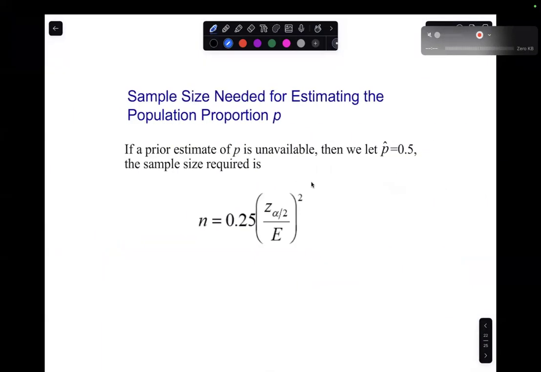This 0.25 is just 0.5 times 0.5, which is p hat times 1 minus p hat when we're using 0.5. We just put 0.25 here because you know that 0.5 times 0.5 is 0.25, but you don't have to write it that way.